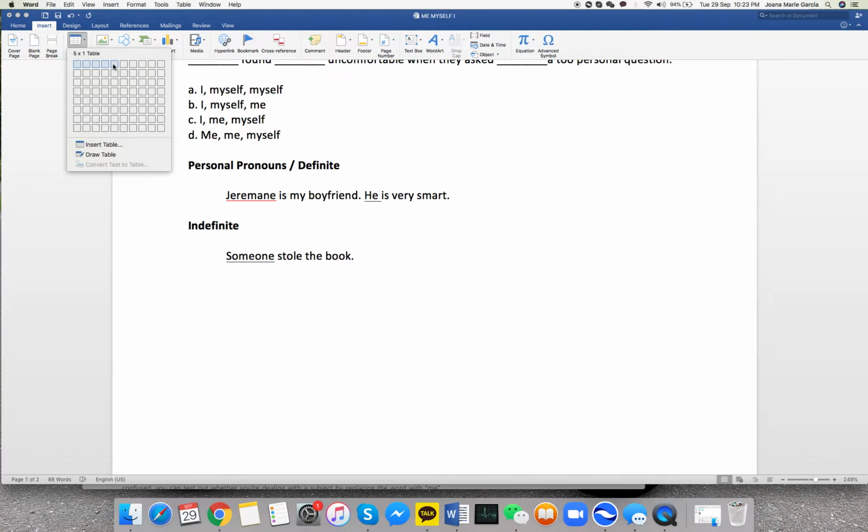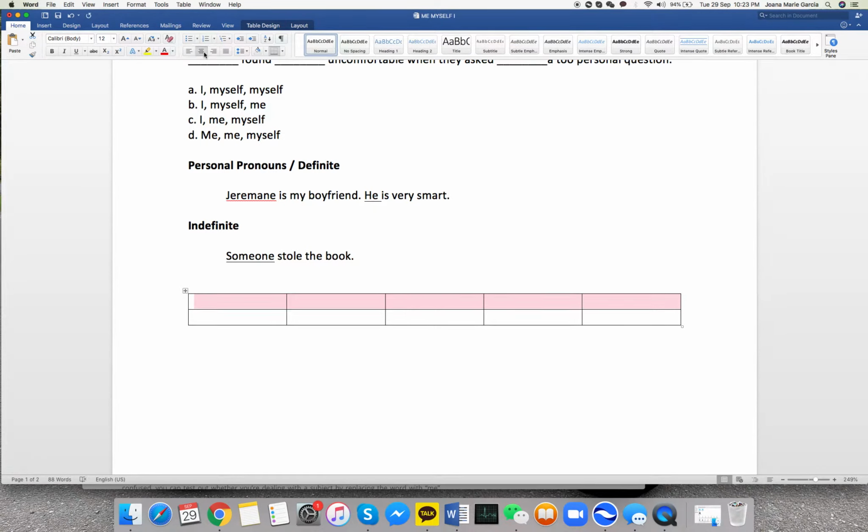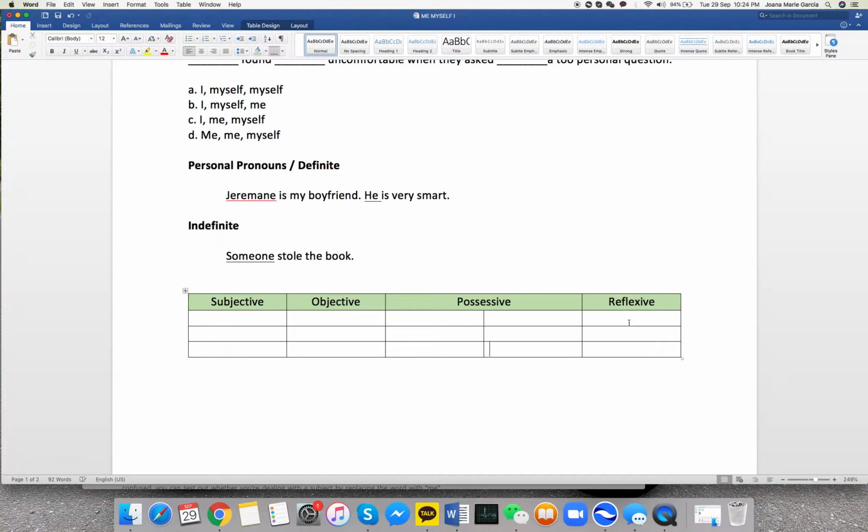For possessive, we have two kinds: the one that requires a noun after it, and the one that doesn't require a noun after it. So let's have a look at those.